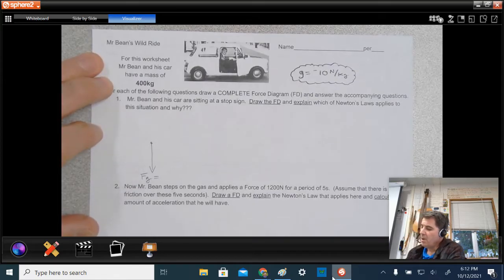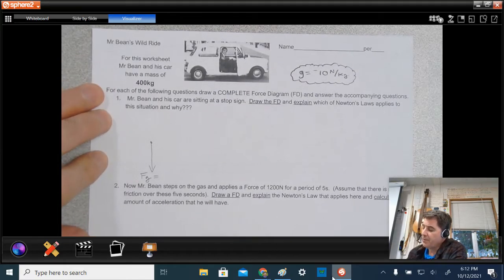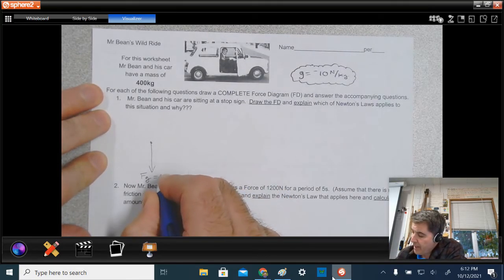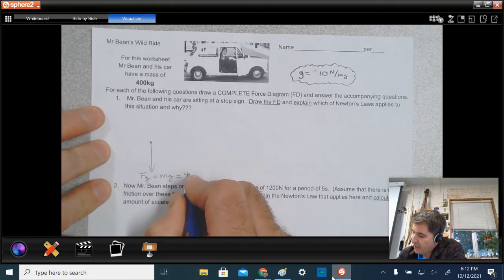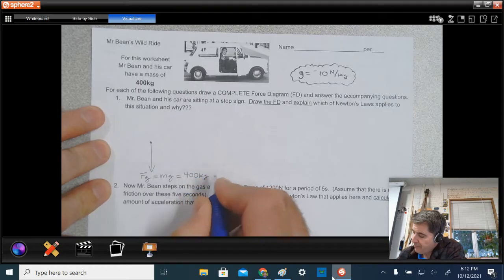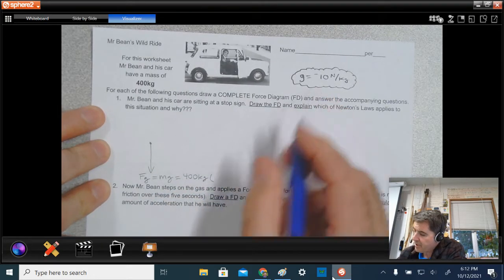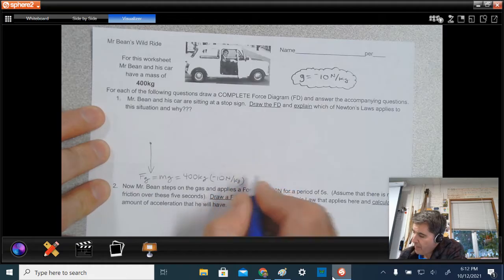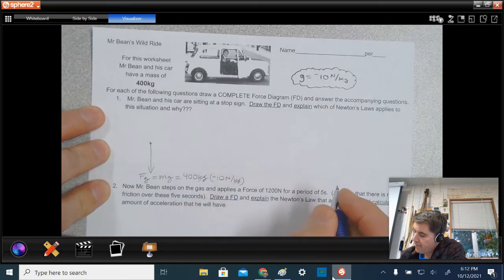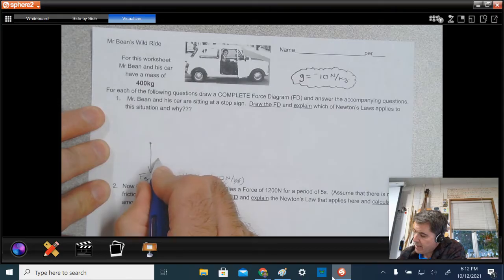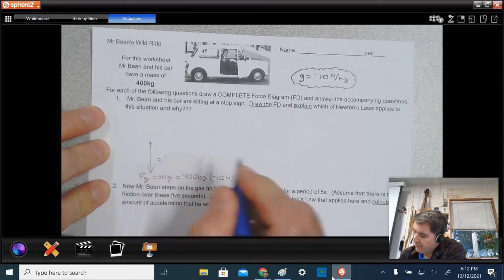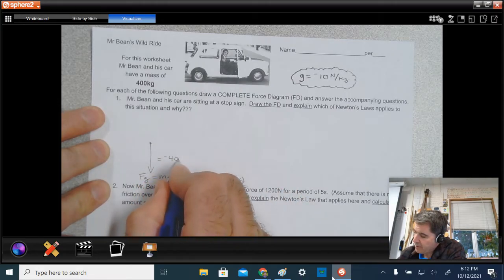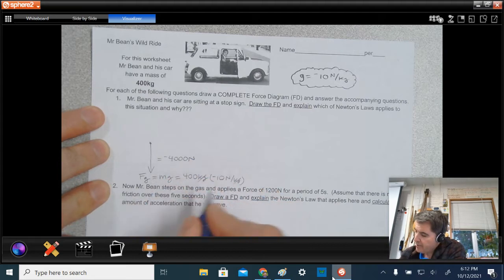And so the force of gravity is equal to m times g, and the m is 400 kilograms, and g, of course, is -10 newtons per kilogram. The kilograms cancel, and we get Fg is equal to -4,000 newtons, and that's Fg.